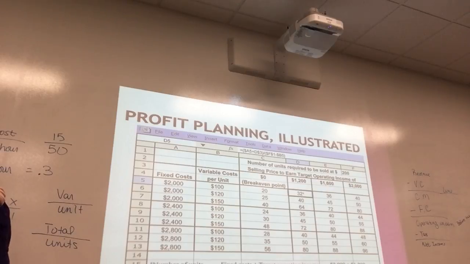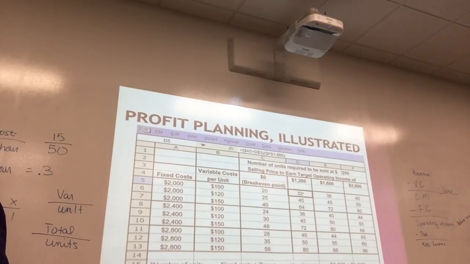So, in this analysis, what we're doing is we're trying to, one, find out what the break-even point is, and then two, find out if I want a profit of certain amounts, how many units do I have to sell? And then, of course, my different fixed costs, and how do they affect my break-even point? How do they affect how many units I have to sell to get a certain amount, okay? And then how my variable cost changes, and how does it affect it?